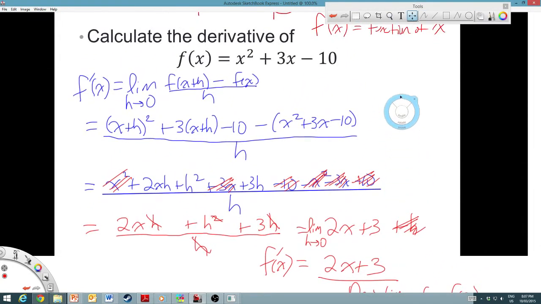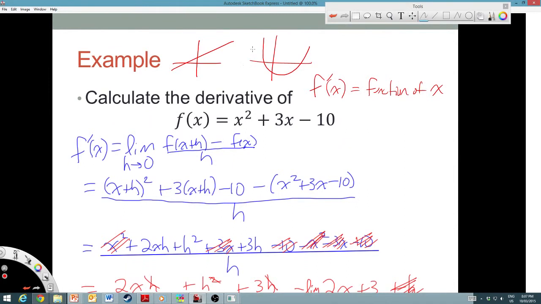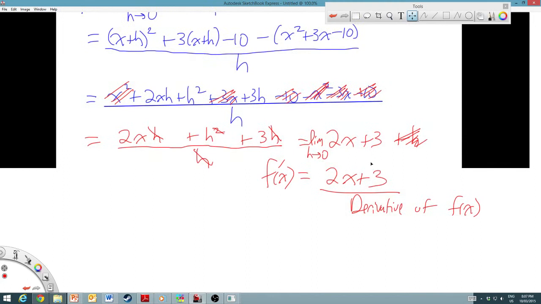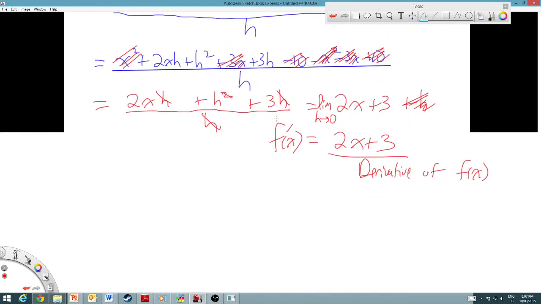So if my parabola is here, my tangent lines, so one tangent line, two tangent line, three, whatever. Those tangent lines, all the slopes can be calculated, not approximated, calculated using this function, because this function is the derivative of f of x, or the slope of f of x at the point x. Alright, so that's how we calculate that derivative.